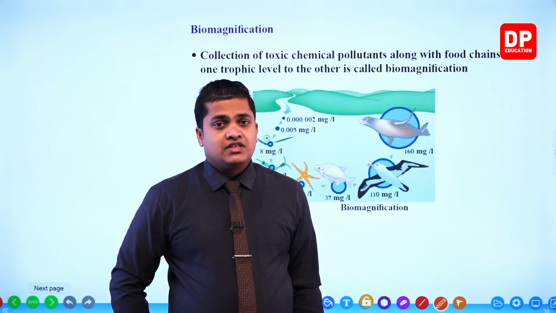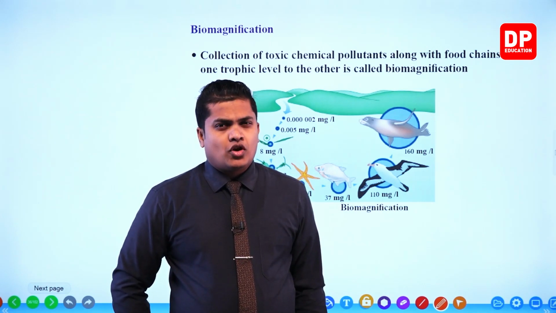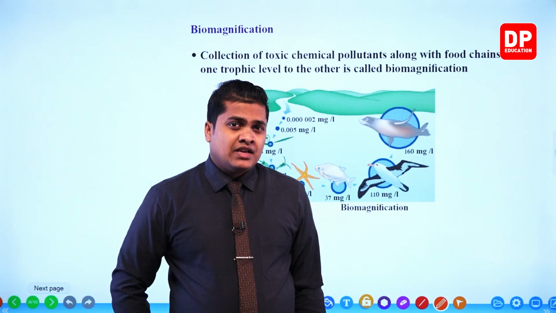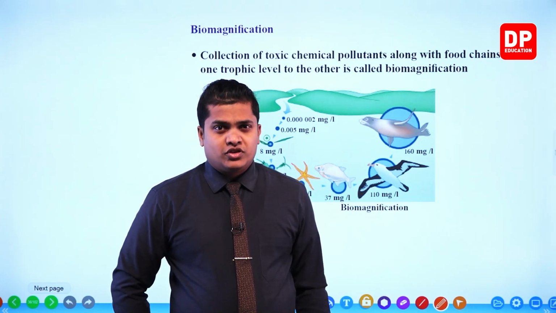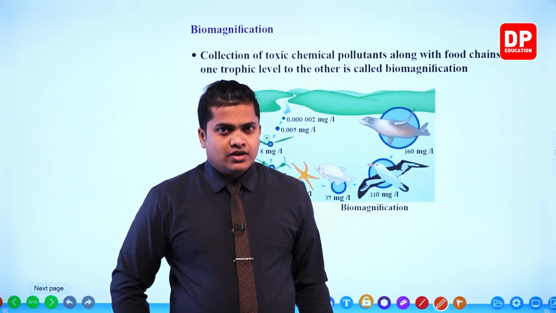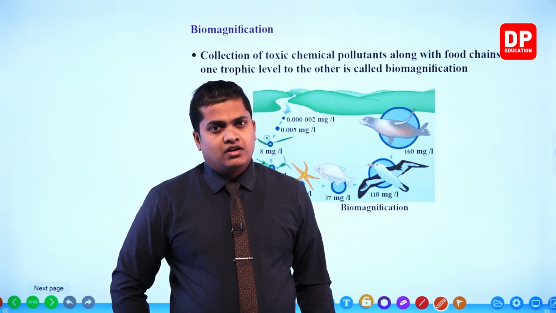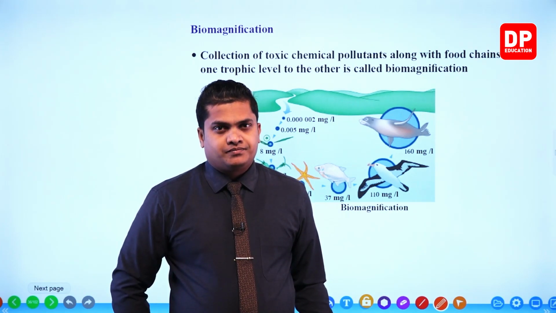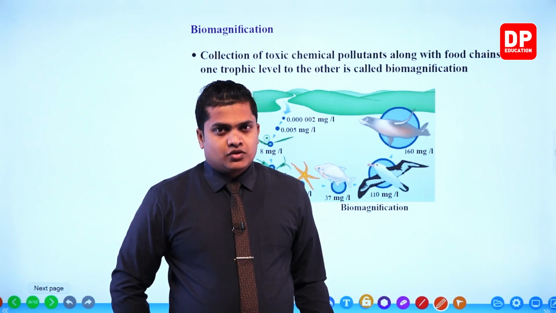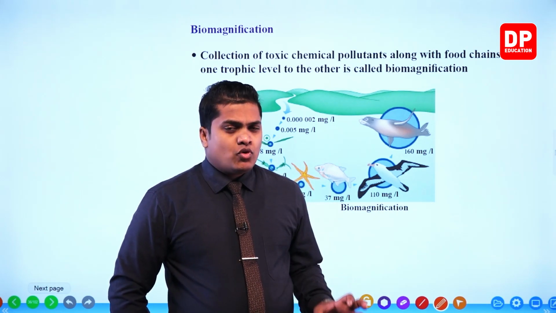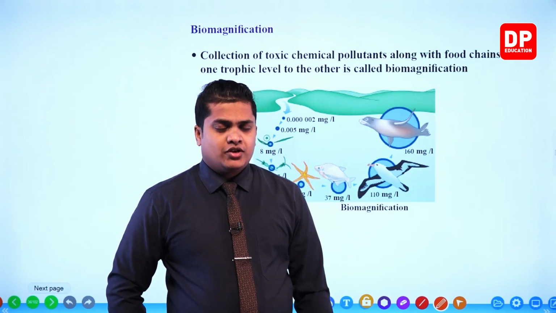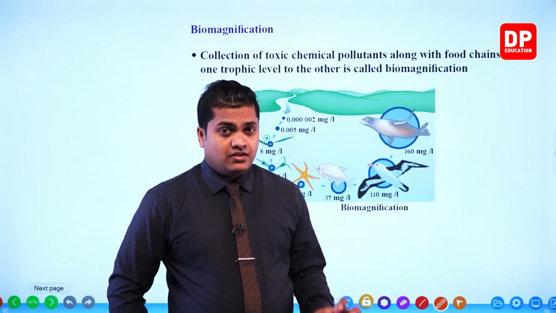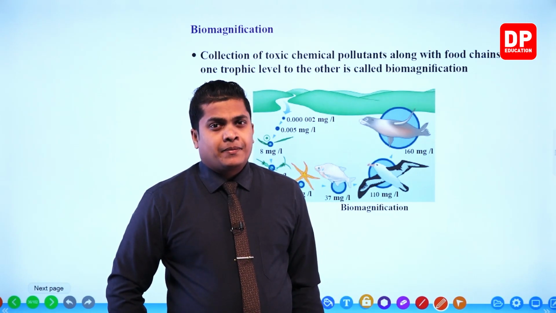So therefore, these will create severe conditions, not to the organism at the start of the food chain, but to the organism at the very last level of the food chain, like the tertiary consumer. It will start from very small levels, but when passing through the trophic levels in the food chain, the accumulation of these substances will increase.